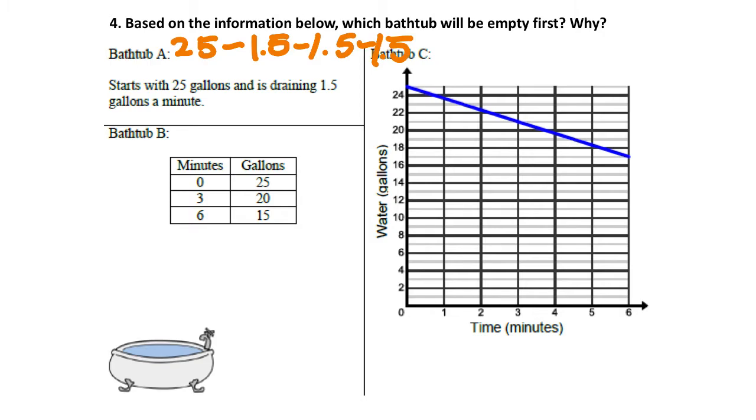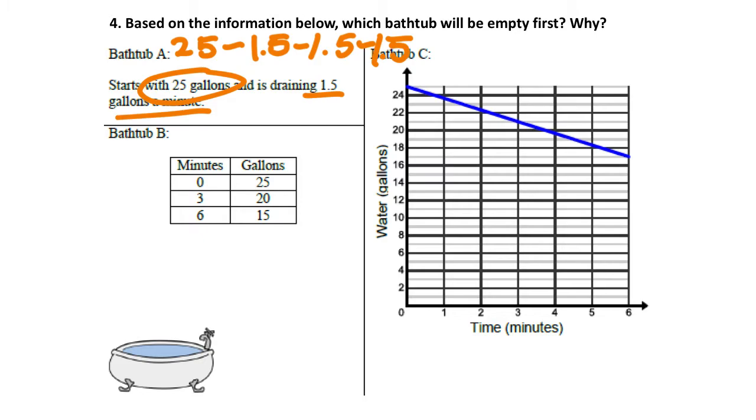Or you could take the number of gallons, which in this case is 25, and just divide it by the rate. Because it's asking which one will be first, so that's like a distance divided by rate kind of thing.